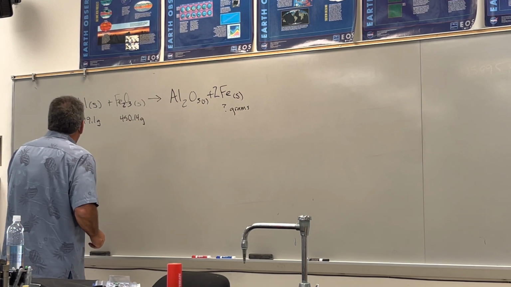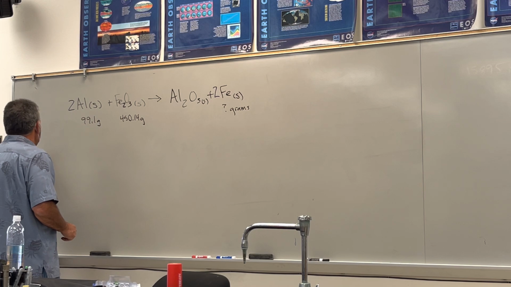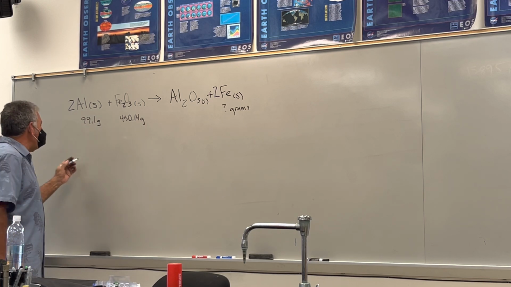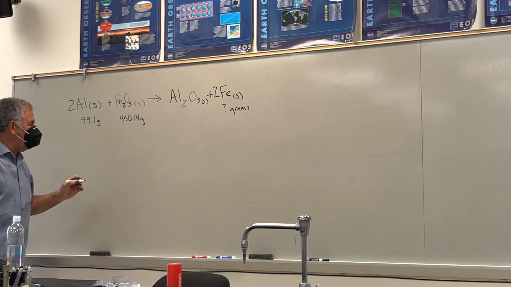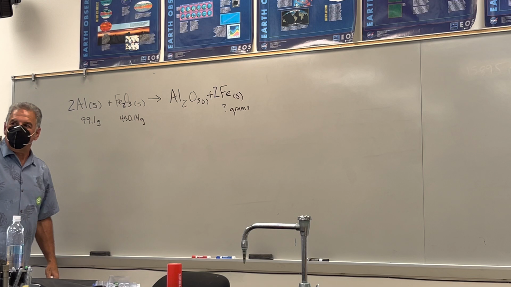Aluminum's easy to do, right? What's the molar mass of aluminum? 26.98.